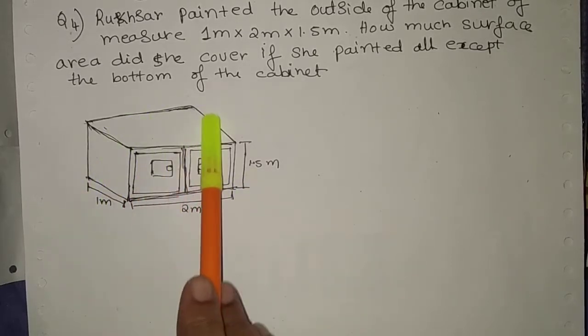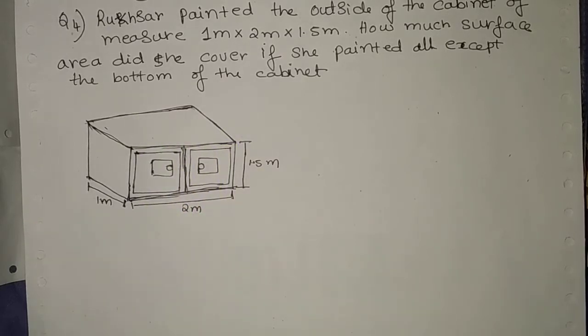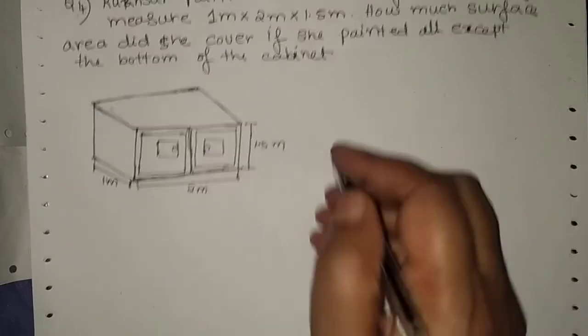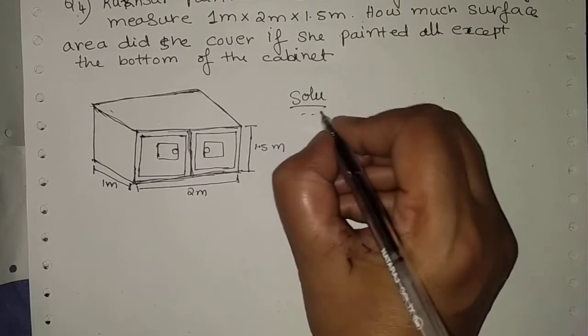She painted all the parts except the bottom of the cabinet. So we have to find out how much surface she covered. So for this one, we have to take the solution.